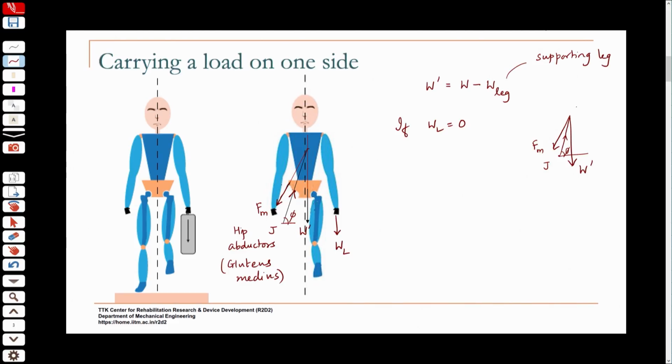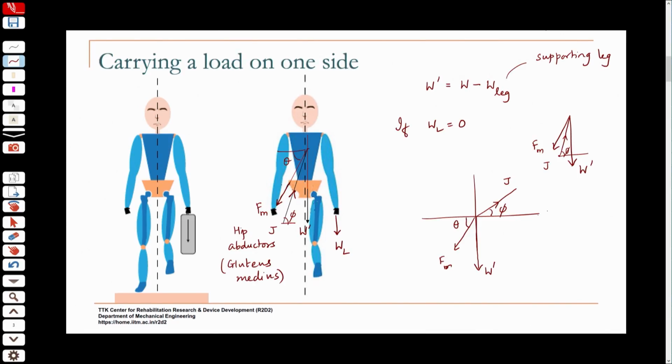If Fm is acting at an angle, let us say theta to the horizontal, I can draw this as theta, then I have W dash, and then J at some angle phi.